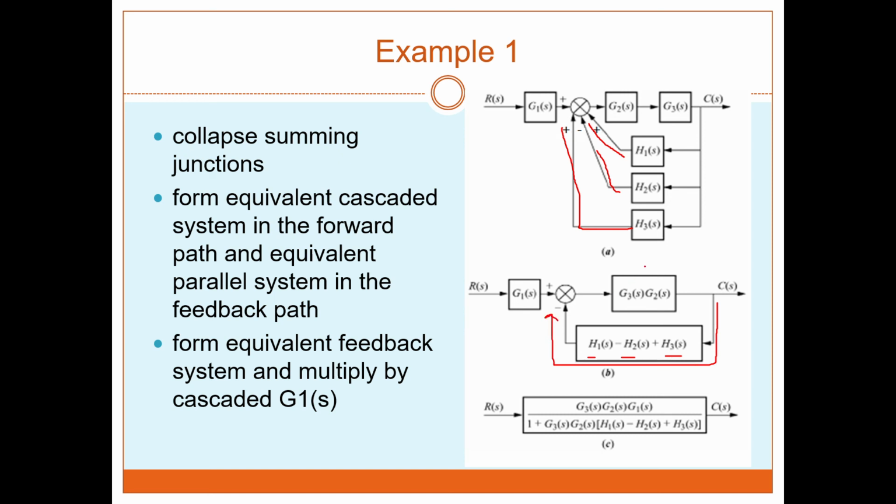So this is the system response. For the first one, G1, we just multiply G1, G2 and G3, but at the feedback we will consider 1 plus, simplify this one, G3, G2. So this is the response of these summing junctions.